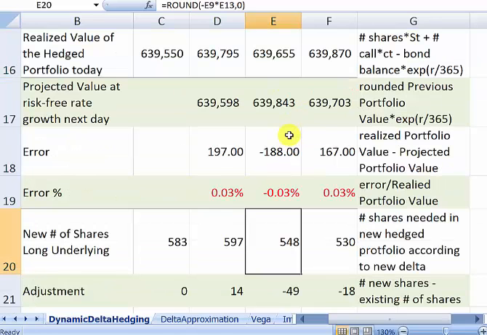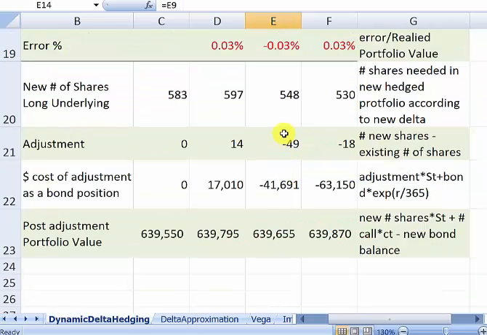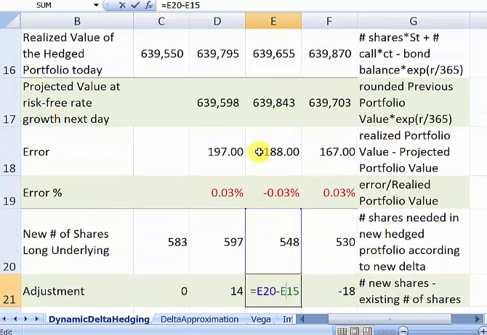And now we need to adjust the hedged portfolio according to the new delta. We only need 548 shares. We need to sell, right? Blue minus the green. Here, 597, or the adjacent cell, 597.